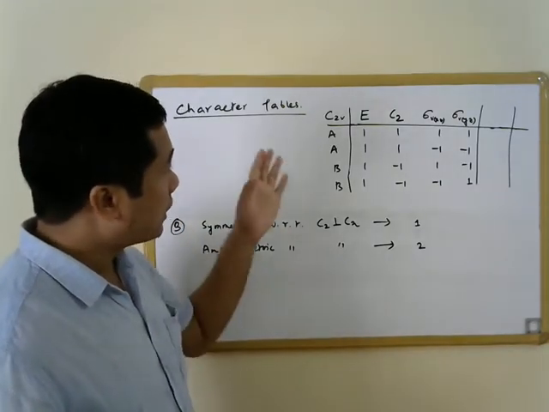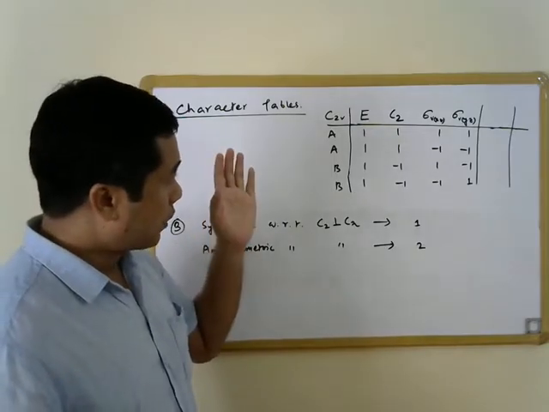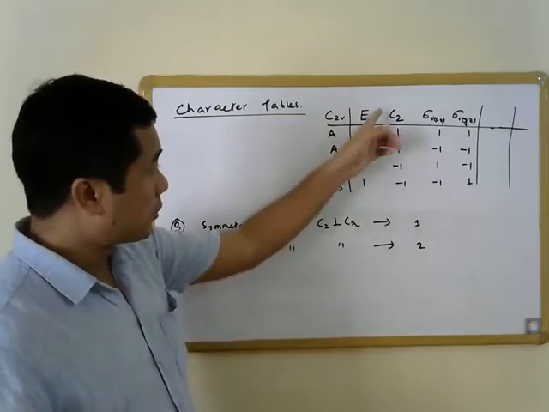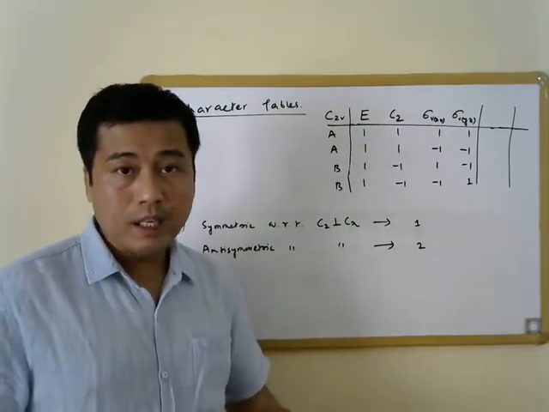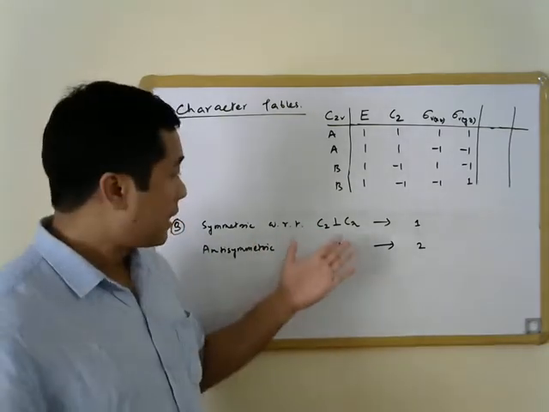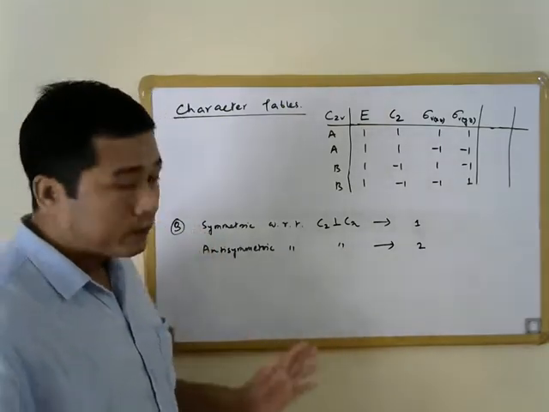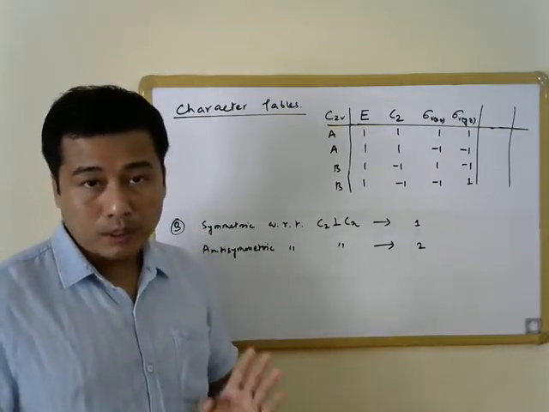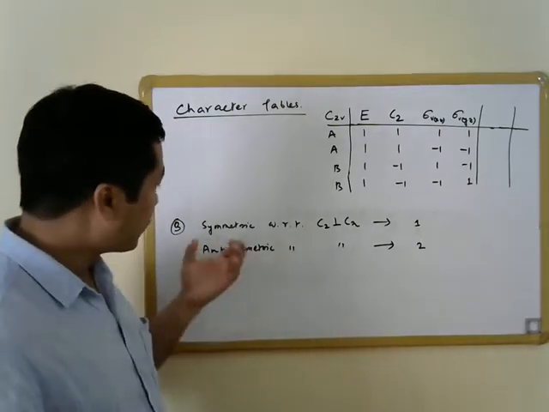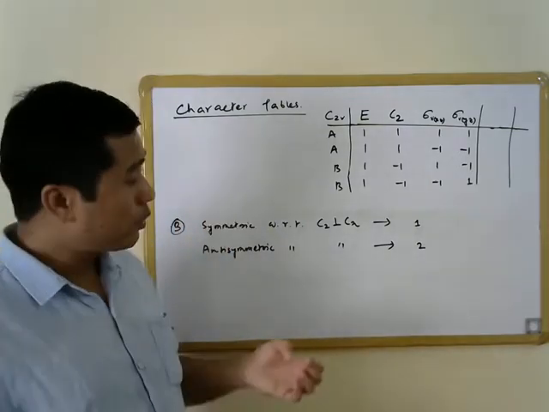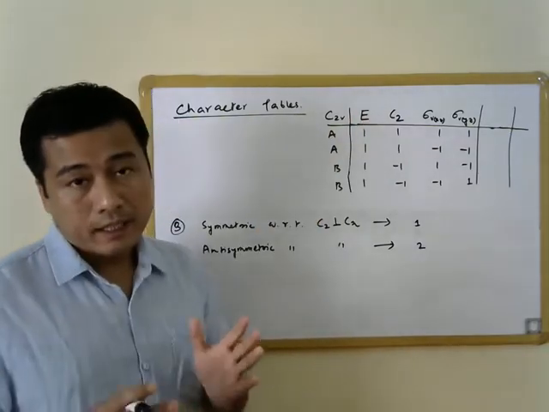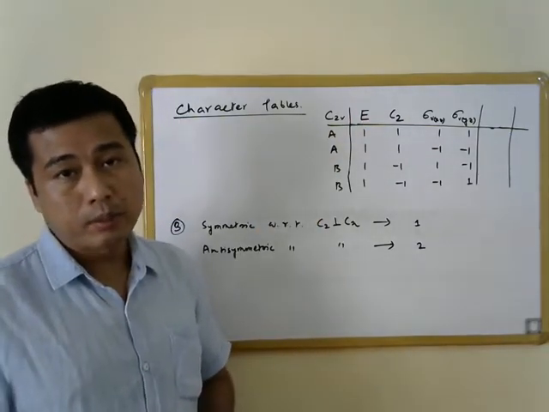Now in the case of the C2v point group, we see that there is no C2 axis perpendicular to the principal axis of symmetry here, because the principal axis is the C2 axis, and apart from that there are no other axes of symmetry. In those cases where the C2 axis perpendicular to the Cn is absent, instead of looking at whether the representation is symmetric with respect to C2 perpendicular to the Cn or not, you see whether it is symmetric with respect to a vertical plane of symmetry or not.